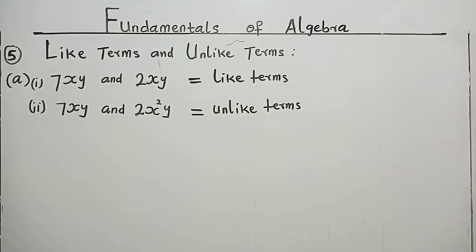Let's continue. 7 and 2 are still the coefficients of the algebraic expressions found in both number expressions. xy is what 7 is counting, but x to the power 2 y is what 2 is counting. 7 and 2 are counting the same thing in the first case, but 7 and 2 are counting different things in the second instance.